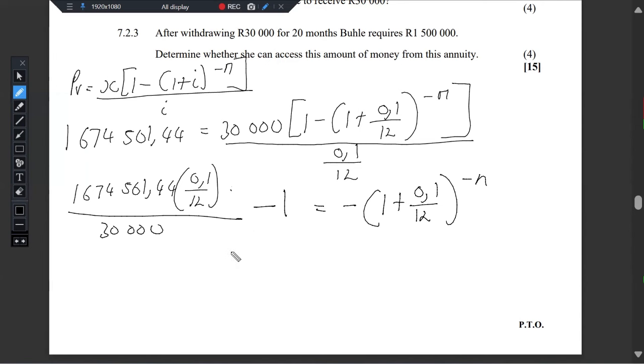Then you will find that your value is actually 0.53486 and so on. And then because this one will be a negative, you can just make it positive because here it's also negative. So we divide by -1 immediately. Then you have 1 plus 0.1 over 12 to the exponent of -n.